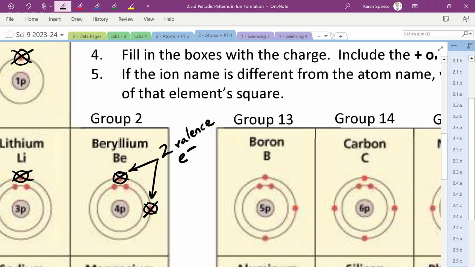So when it becomes an ion, it will lose 2 electrons. Is that true for all group 2 atoms?